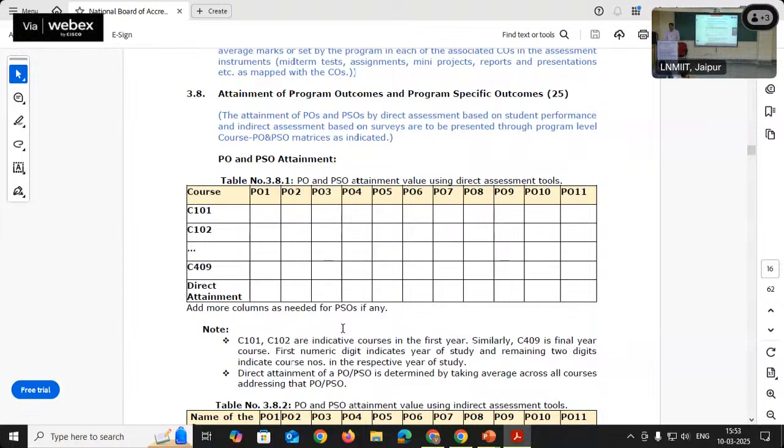A few online questions may be there. Online questions may also be there. See, it is clearly written, sir: C101, 102 are indicative courses in the first year. If you read the SAR carefully, many things they have already clarified.